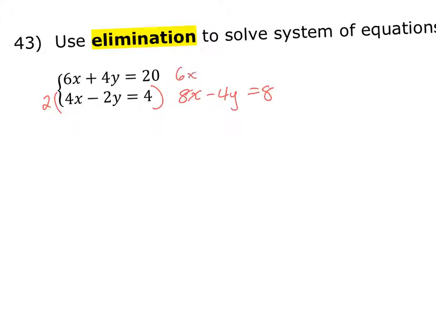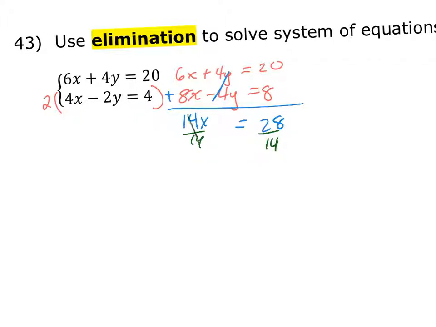And then if I rewrite the top one, you will notice that now you have the possibility of eliminating the y's. We can add down, and we get 14x. Our y's cancel out, which is good, equals 28. Divide by 14. We get that x is equal to 2. So 2 comma something. Now we plug that 2 into one of the two equations.